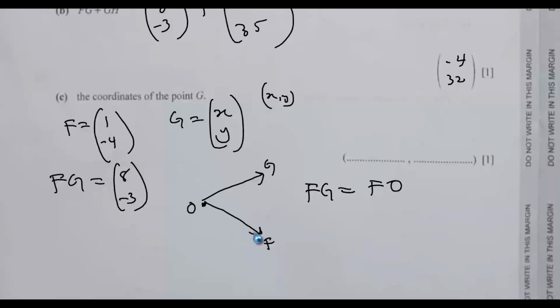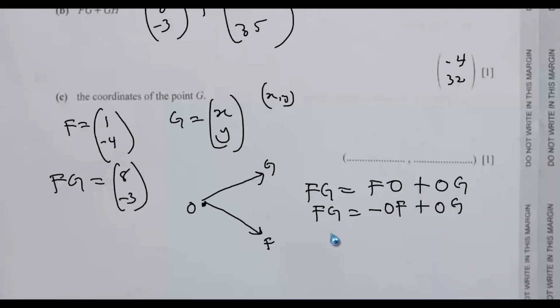We are moving towards FO. Then from O we now go to G. That will be plus OG. Okay, so this is what we are going to have here. But FO is the same thing as negative OF. So the FG now will be equals to negative OF, because we are moving in opposite direction to FO now, then plus OG.